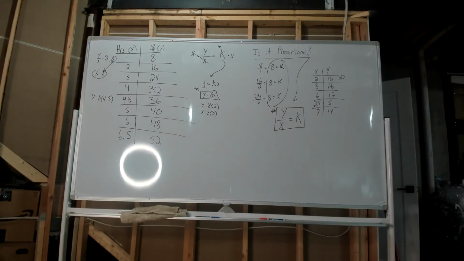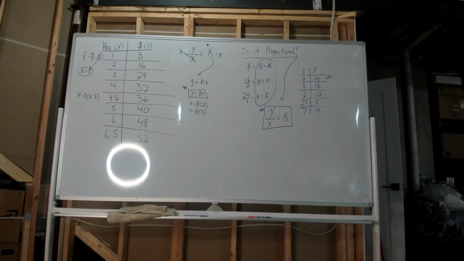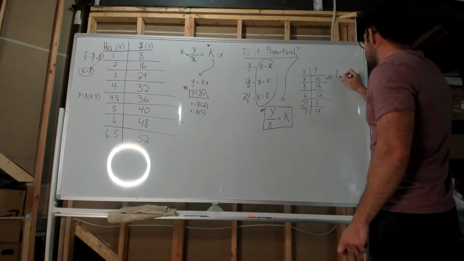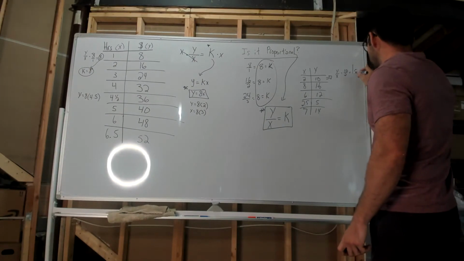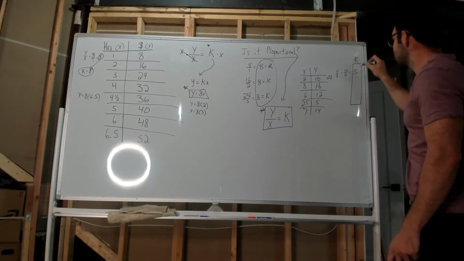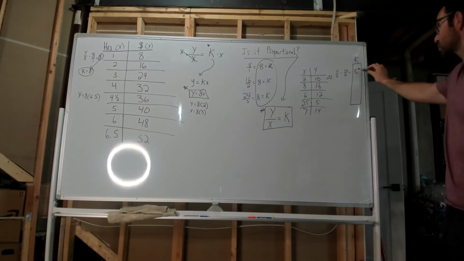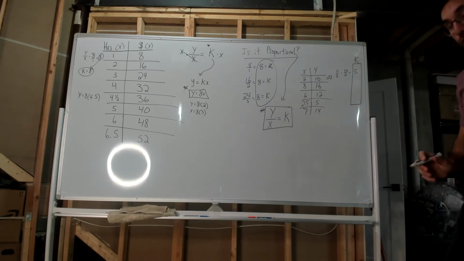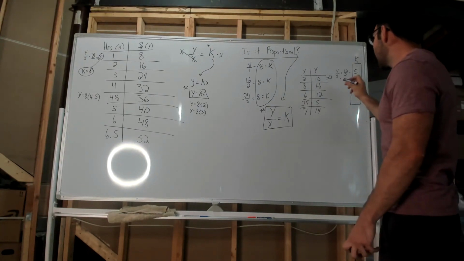Hopefully I'm going to come check the computer screen. Let's move this a little bit. Okay. So we've got y divided by x, which is 10 divided by 2, which is 5. Okay. I'm going to put all my constants there. These are my k's. So for this to be proportional, all of my following k's, the constants, need to be 5.